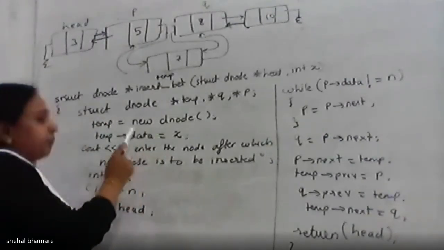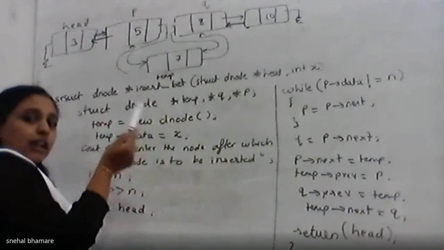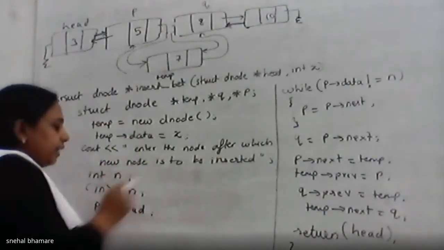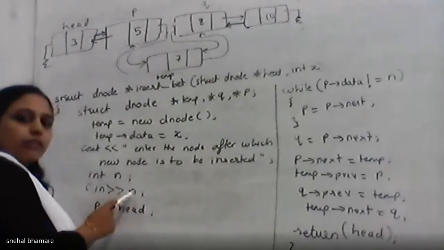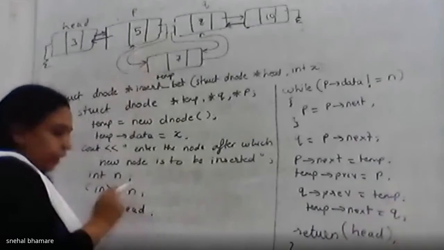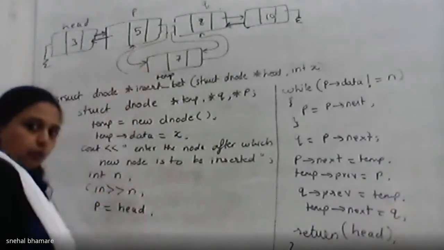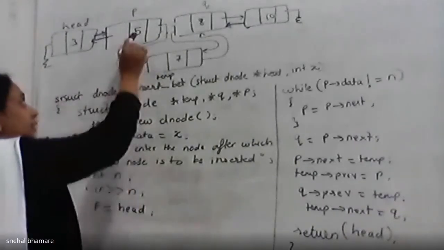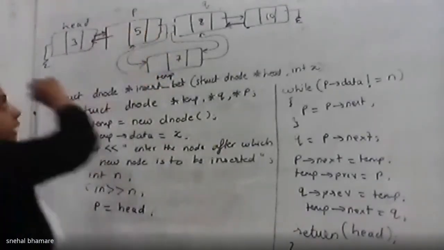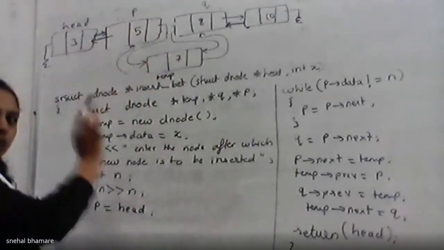Right? Now we will ask the user after which node you want to insert the new node. So the user enters the value that will be stored in the variable n. Okay. Let's say that value in this case is 5. It will be stored in n. Now I have to point this node which has the value 5 by the p node. But diagrammatically we come to know that it is the second node.